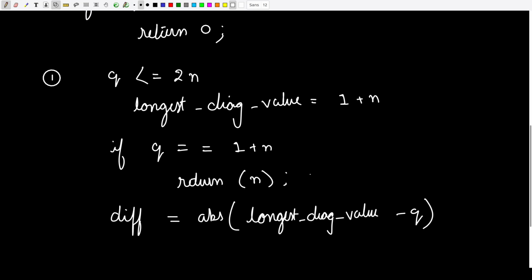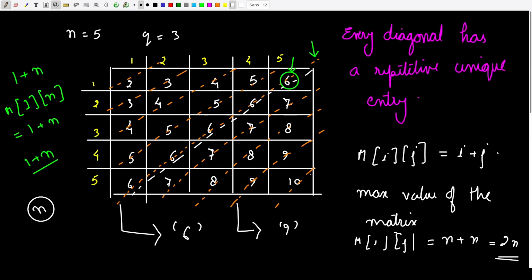So for instance, in this example, q is equal to 3. For this case, our longest diagonal value will be equal to n plus 1, which is equal to 6. So 6 minus 3 is what we are computing, and this is our difference. Since I'm taking the absolute difference, 6 minus 3 is equal to 3.